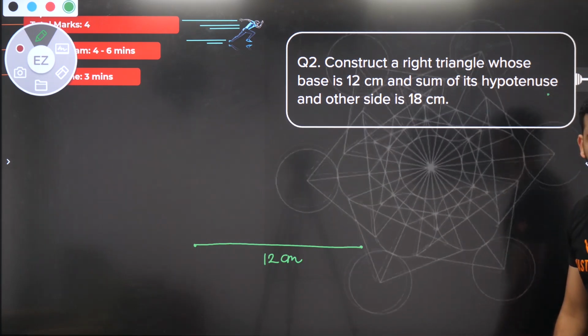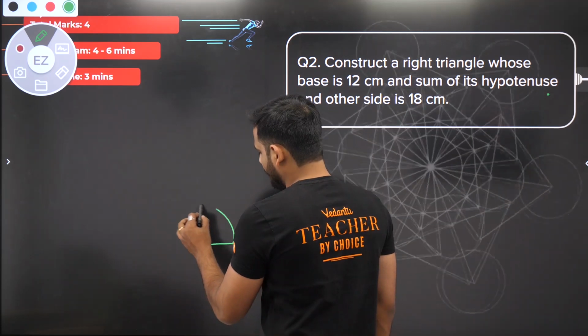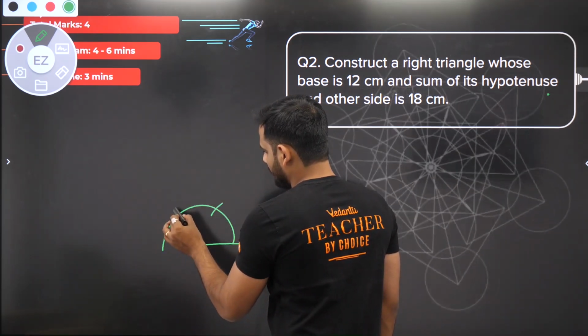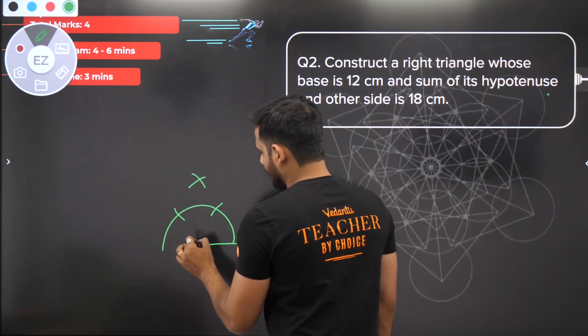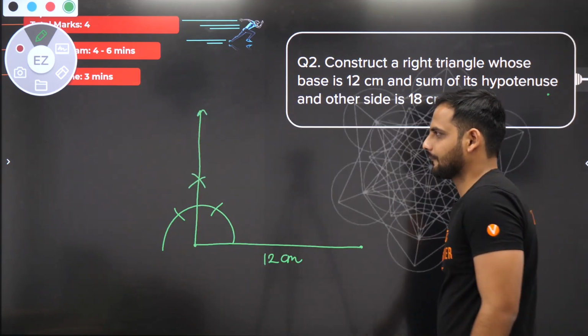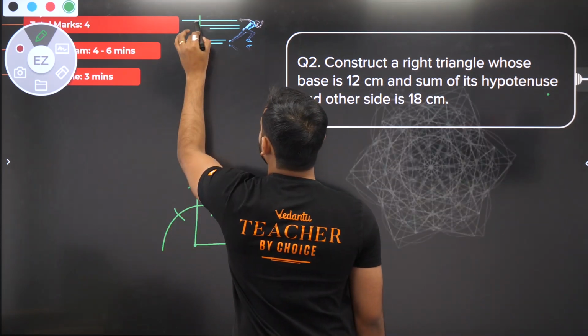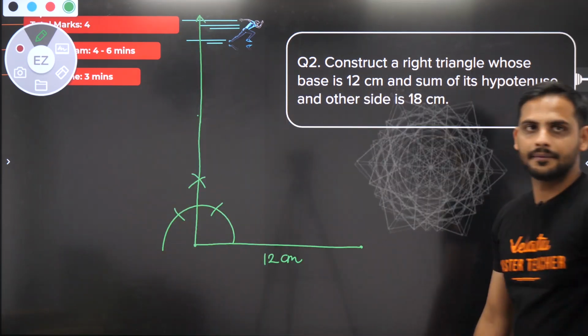Since it is a right angle triangle, here we have to draw an angle of 90 degree. So draw it, this 60, 120 and the angle bisector. So this will be equal to your 90 degree. Bit long, we have to draw it.